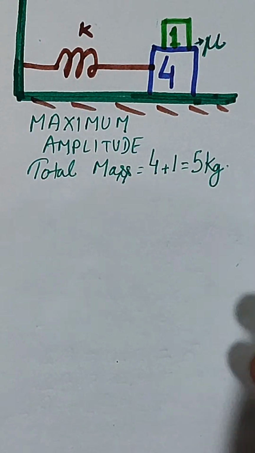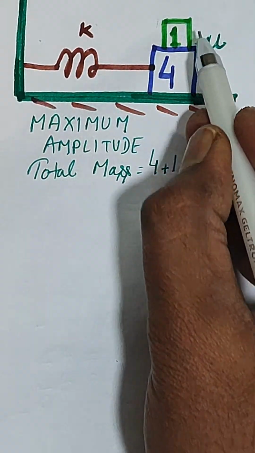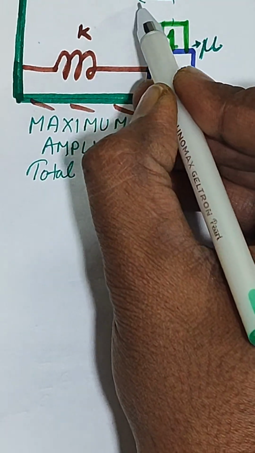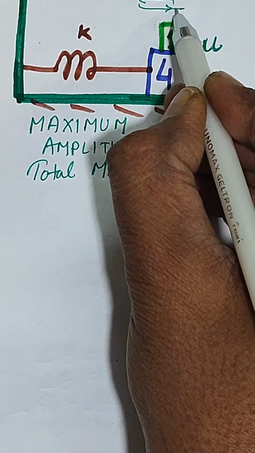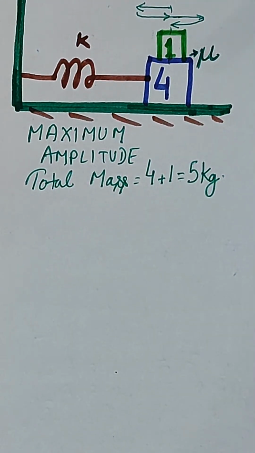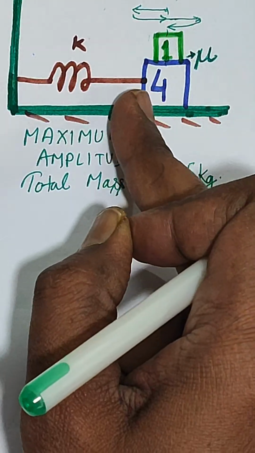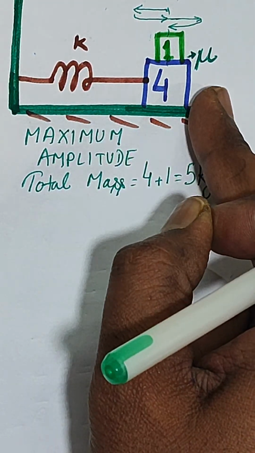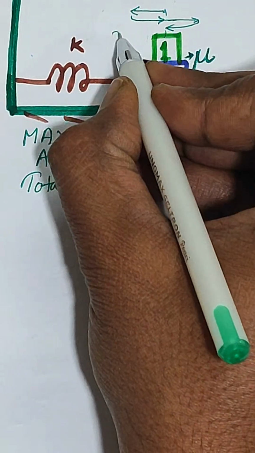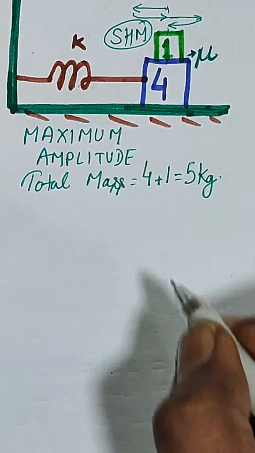For a small amplitude, the two blocks oscillate together. From the mean position they go to one side, return back, then go to the other side, and return back. So SHM will be executed due to the presence of this spring.